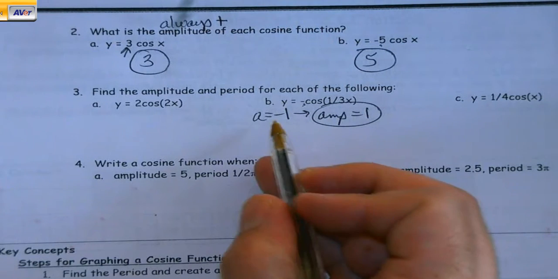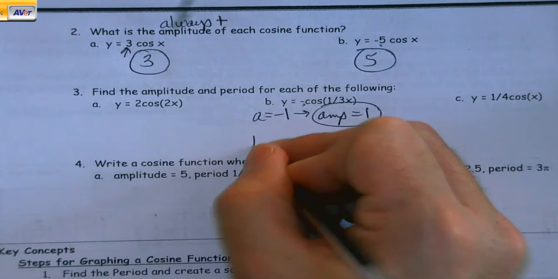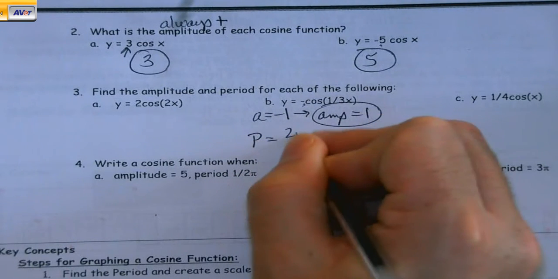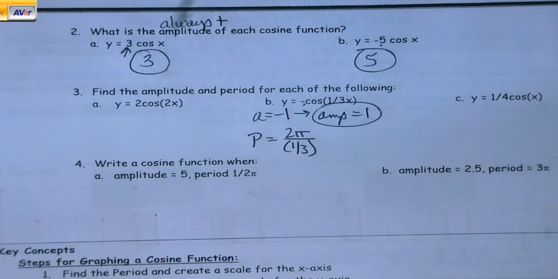Okay, this can change the way my graph looks, but the distance doesn't. And then my period is 2 pi over b. And if you are going to go to the calculator with this, you've got to have the parentheses on your 1/3.